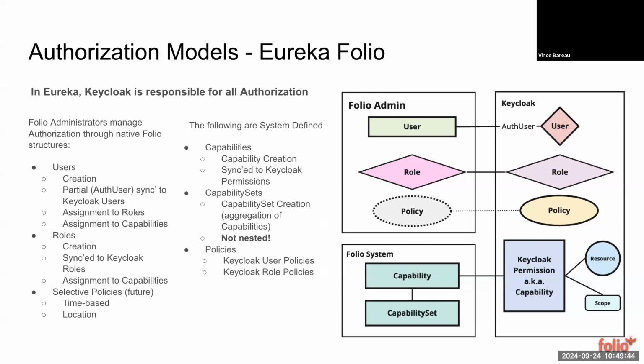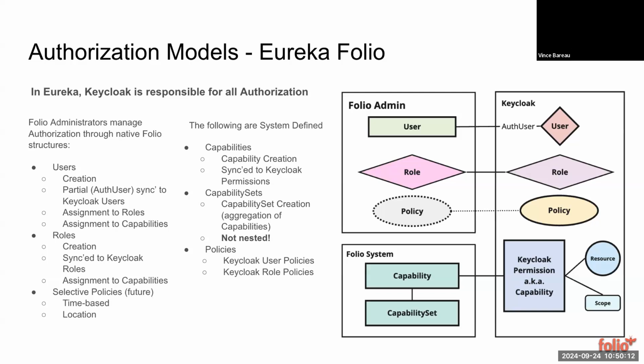We have a user application in Folio, and you continue to use that. As I was shown before, it'll communicate through the new mod users Keycloak and do the appropriate things on the back end into Keycloak. So we have introduced roles within Folio as well, and those talk to the roles in Keycloak. We've got a preliminary implementation. We'll have some more for managing policies within Folio, and those will map into the policies on the Keycloak side.